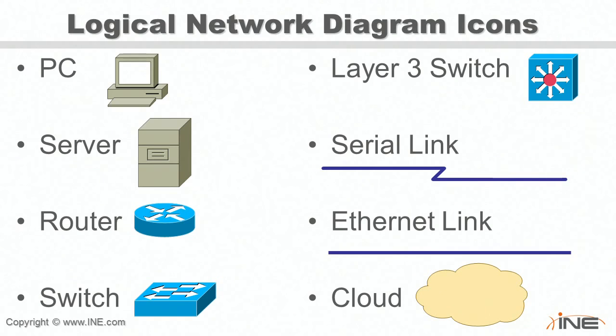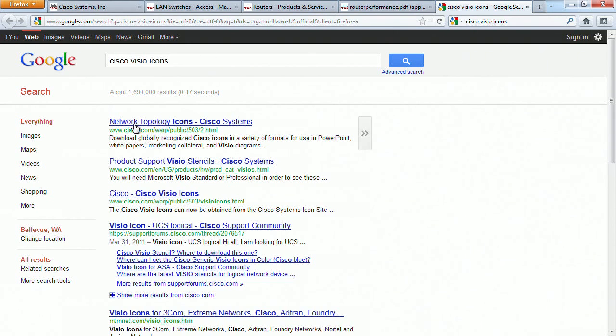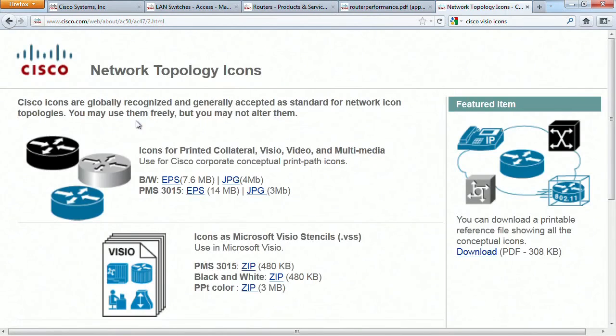So we'll see as we build different topologies and go through different examples, this is generally what the icons are going to mean. Now, if you want to use these for any diagrams of your own, or any examples you want to create, if you search for the Cisco Visio icons, there's a portion of their website, the network topology icons, where they actually publish these.